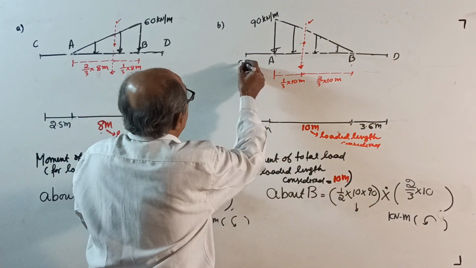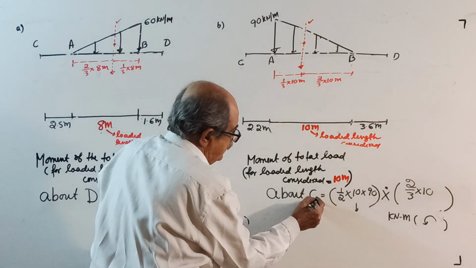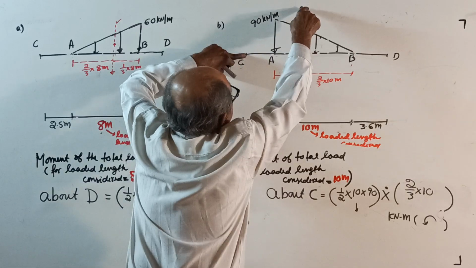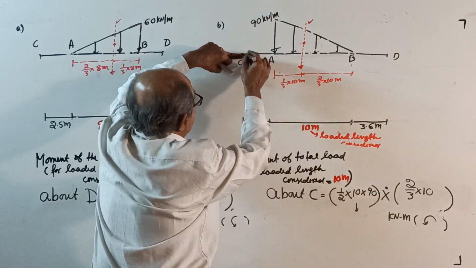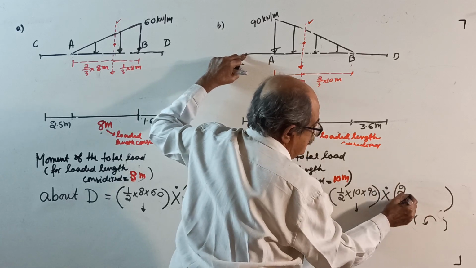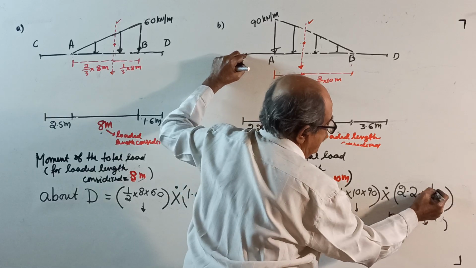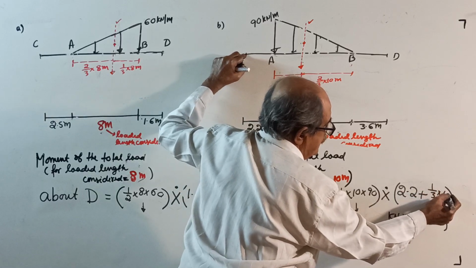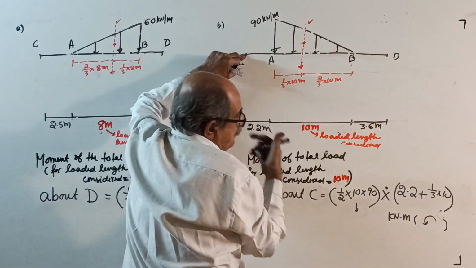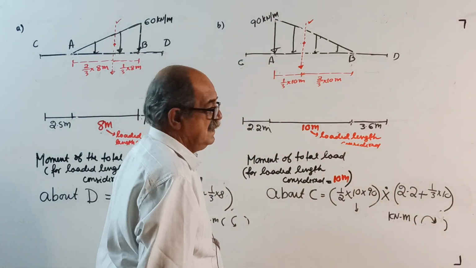Next. Then further below write moment about C. Total load into, from C, 2.2 plus 1/3 of 10. Clockwise. Kilonewton meter.